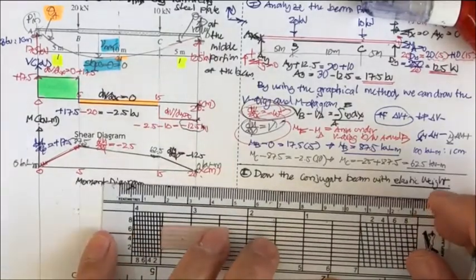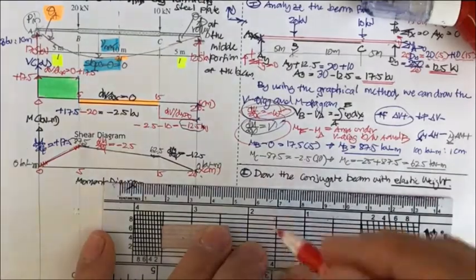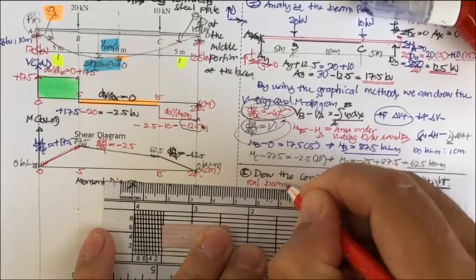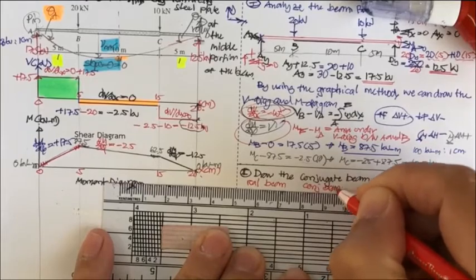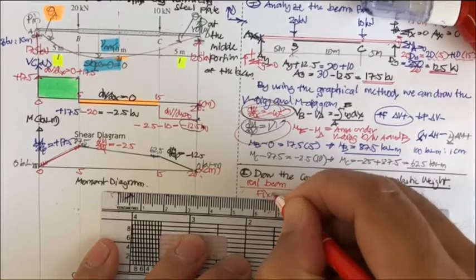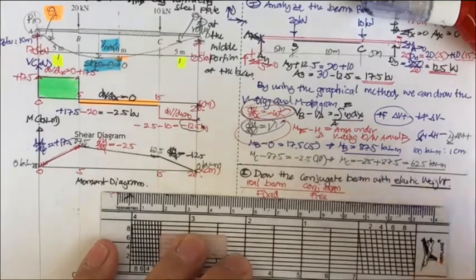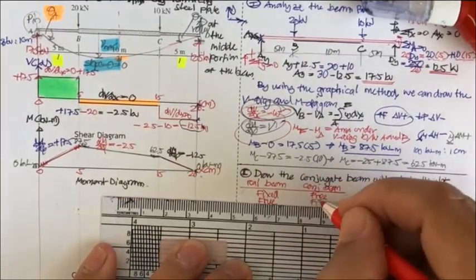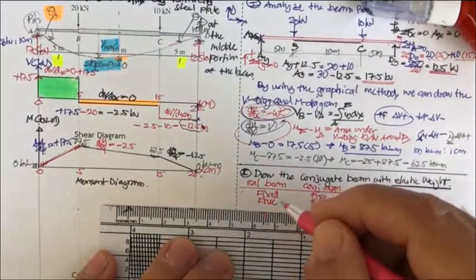If you have a real beam, this is a real beam, and this is a conjugate beam. For the real beam you have fixed, the conjugate beam you're going to change to free end. If you have free here, you're going to change it to fixed here.